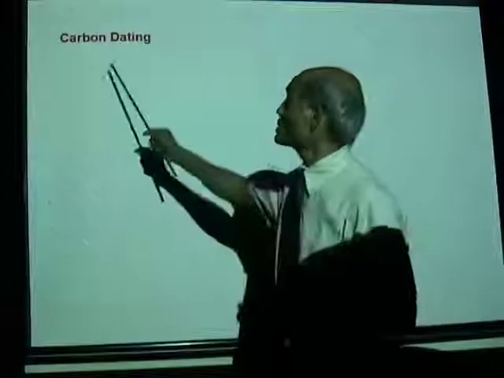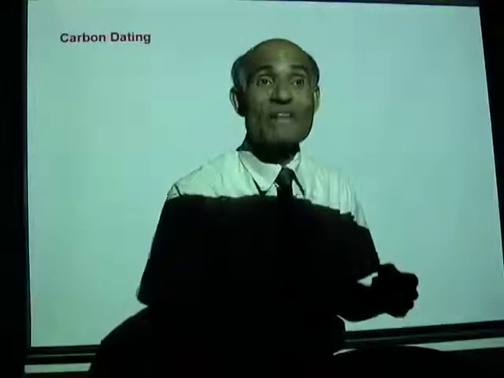Well, that brings us to an important application of radioactivity, that is carbon dating. Archaeologists, when they discover a fossil from some ancient sites, are able to determine how old the fossil is. How many millions of years ago did this animal live? Now, how are they able to find that out?